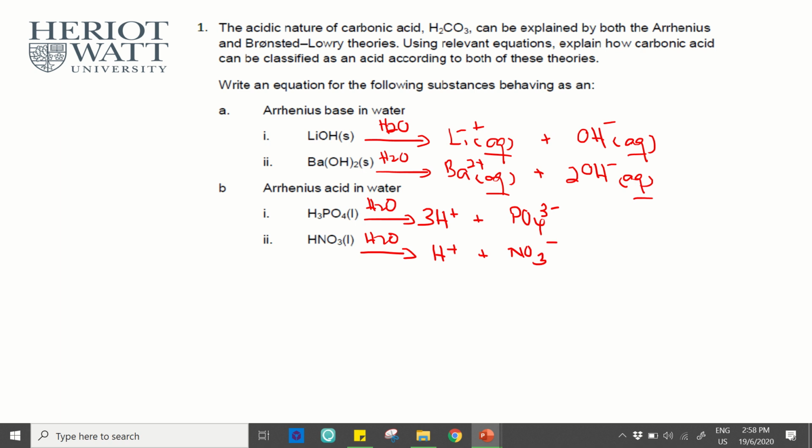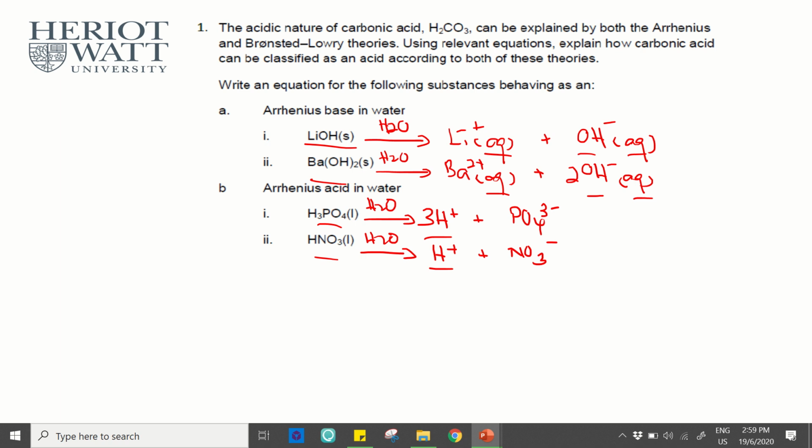Now bear in mind, an acid or a base without water, under Arrhenius theory, all these so-called acid-base substances, for example solid or liquid, are non-acidic at all. Without water, they can't dissociate. When there is no dissociation, you don't see H plus and OH minus.